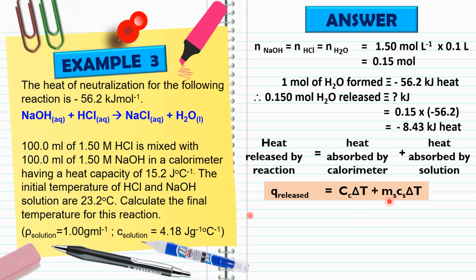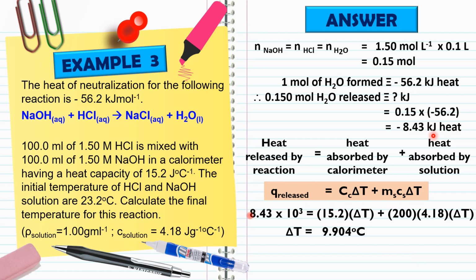Ms is the mass of solution formed. So we have combined the solution, 100 ml plus 100 ml, giving 200 ml volume. From the data, the density of solution is already given, so you can convert from ml to mass. Cs is already given, the specific heat capacity of solution, 4.18. Delta T is what we want to find out. The value of Q we already calculated, that is 8.43 kilojoule.